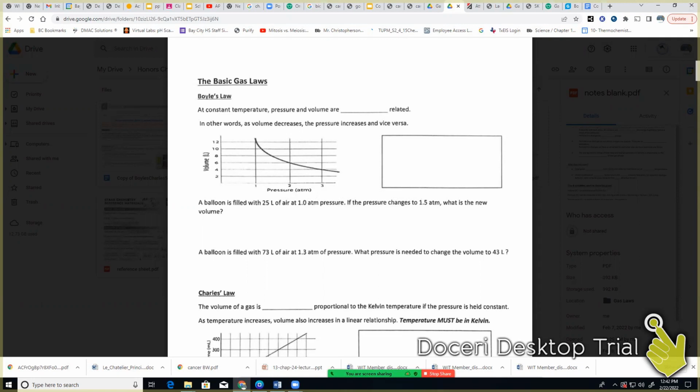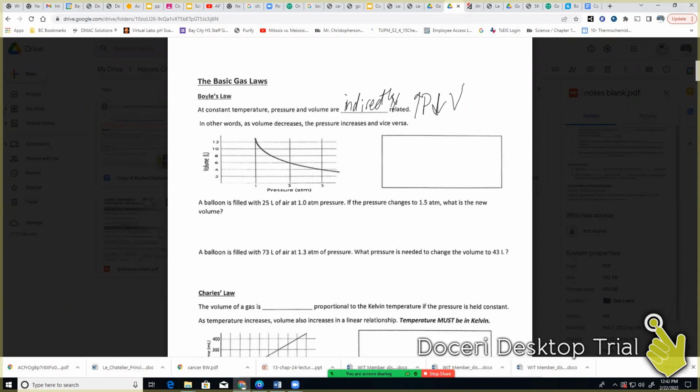So you would cancel it out. So at constant temperature, the pressure and volume are indirectly related, which means if I increase the pressure, it's going to decrease the volume. They're going to do opposite things.